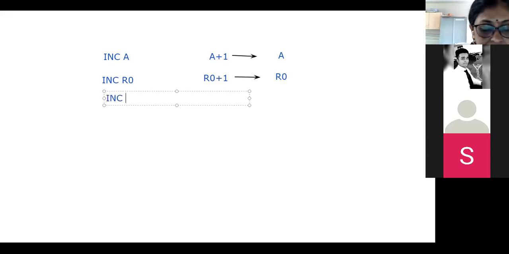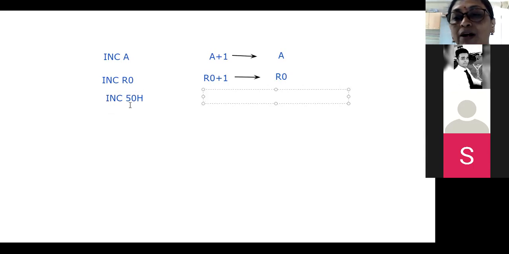So in this case, I will show how to use the address of the operand. Suppose I write INC 50H, what is the meaning of this? The data which is stored at memory location or RAM location 50 hexadecimal will be incremented by 1 and the result will be stored again at the 50 hexadecimal memory location. So how are we going to write it? For a memory location, we use square brackets.